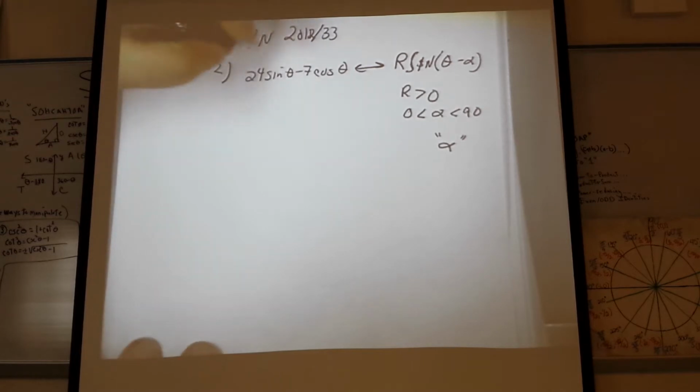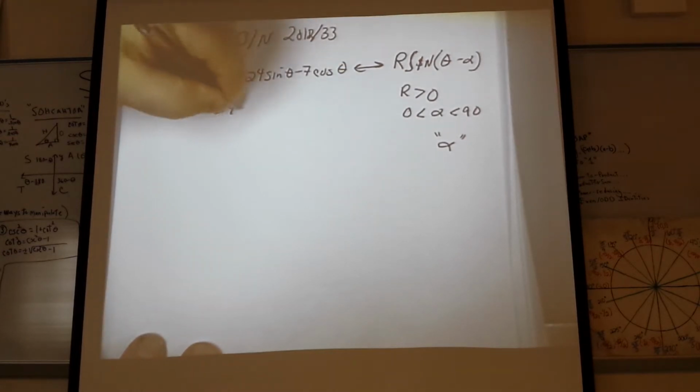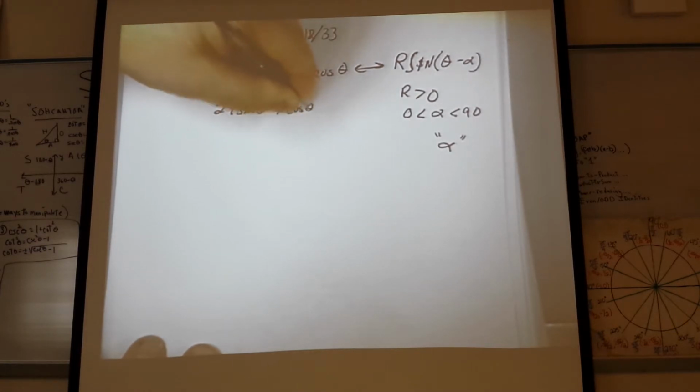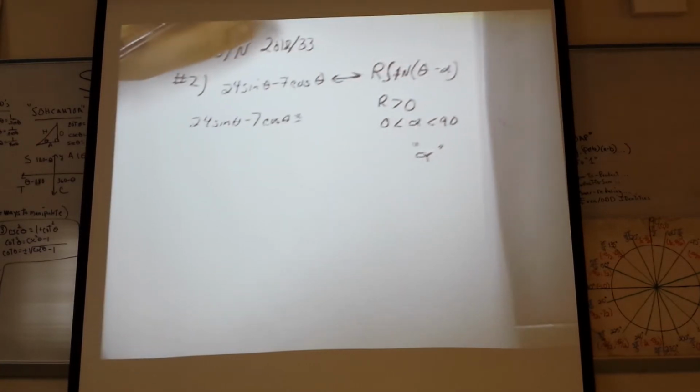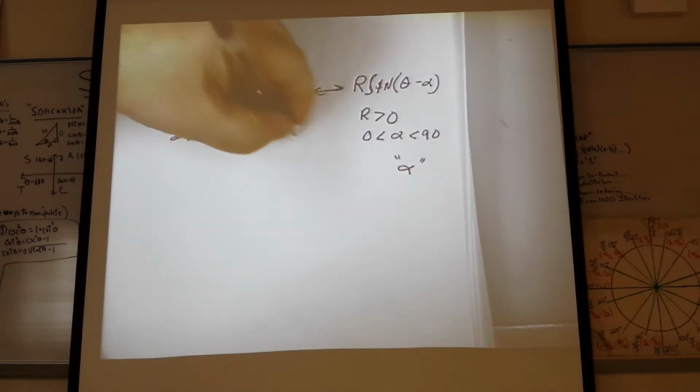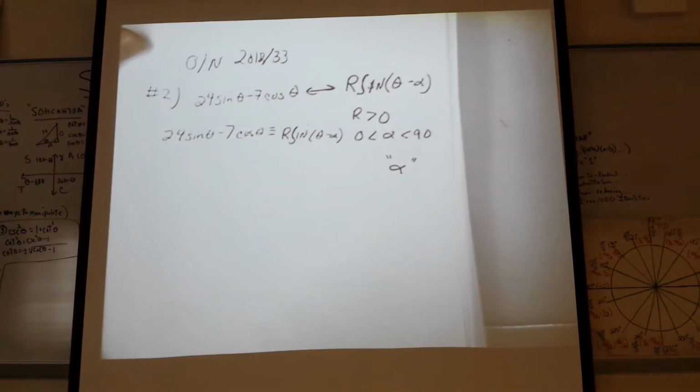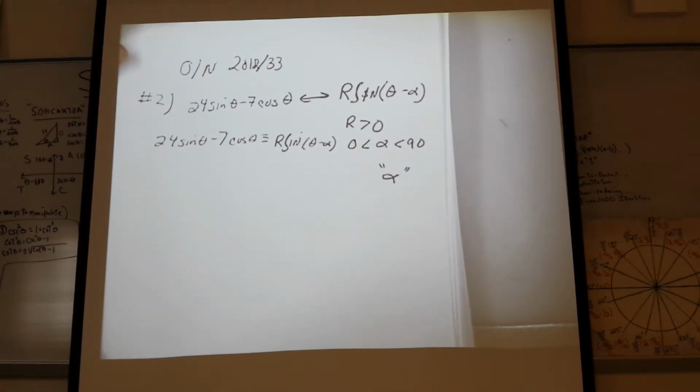So the first thing is you say, we're going to say 24 sine theta minus 7 cos of theta is equal to r sine again, of theta minus alpha, right?